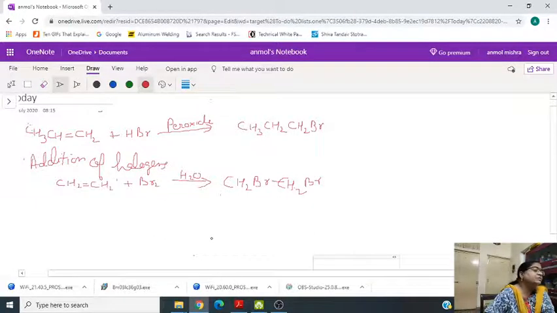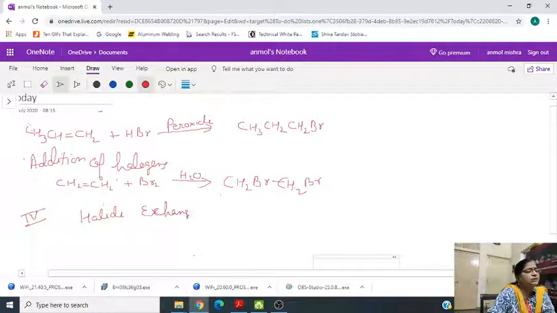Now, again next method is halide exchange method. Next method, that is fourth method, halide exchange method.